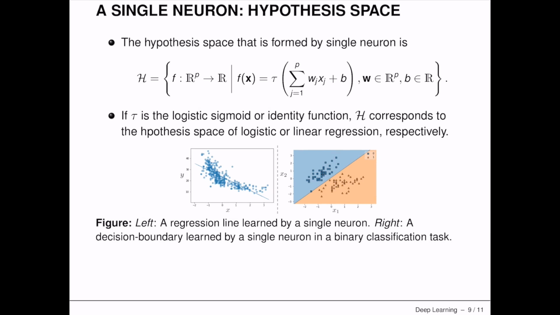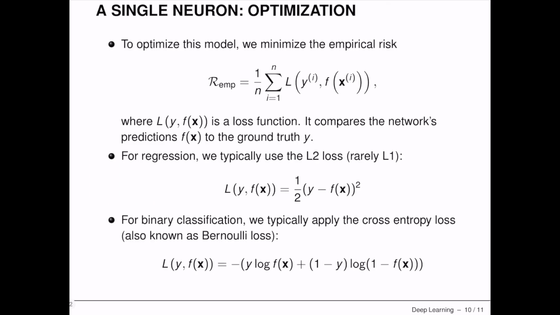Therefore, a single neuron can already solve small tasks like simple linear regression or linear classification. To optimize such a model, we can minimize empirical risk.